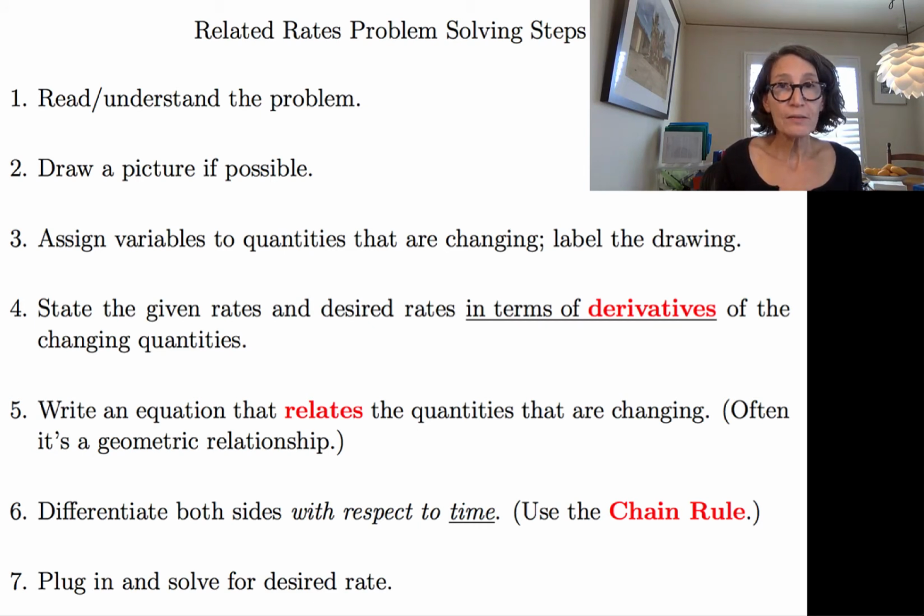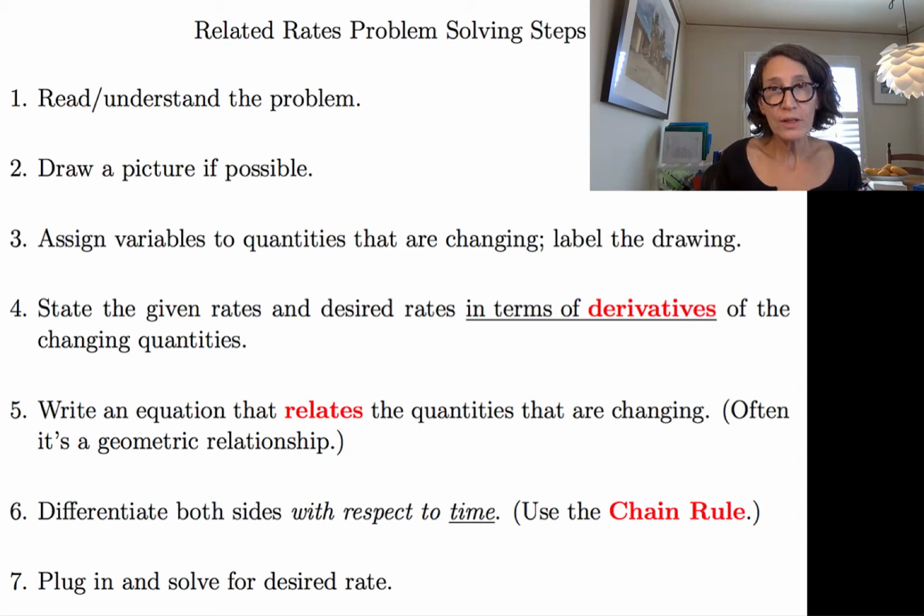Now, you might label it x or theta or y, but really it's a function of time. Everything in your picture that's changing is changing with respect to time. So if it's labeled x, it's really a function x of t, and later we'll differentiate with respect to t implicitly or using the chain rule.